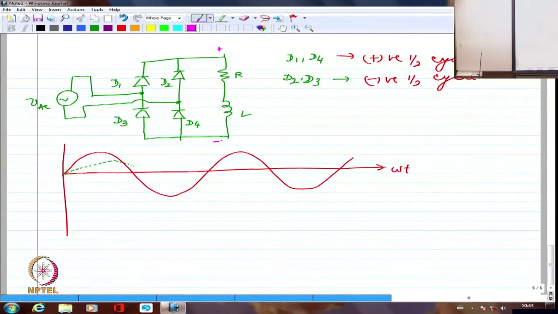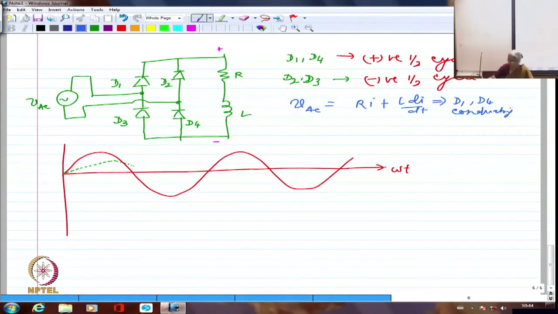It depends definitely upon, because I have to write the equation somewhat like this. VAC equal to Ri plus L dI by dt. Right? This is what we wrote. But this is true when I am talking about D1 and D4 conducting. If D2 and D3 are conducting, I have to write minus VAC. I hope you understand, because I am having opposite sides connected now.